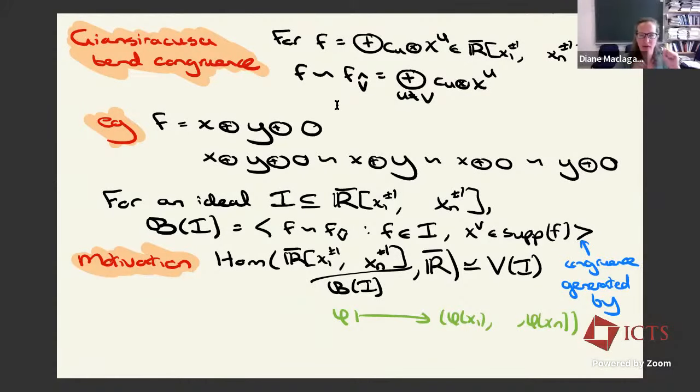Right. Suppose you have to ask yourself which polynomial is in the ideal to start with. Suppose I had x squared plus x plus 0. I would set that congruent to x squared plus 0, which is the same as a function. But I would also set it congruent to x plus 0, which is different as a function.